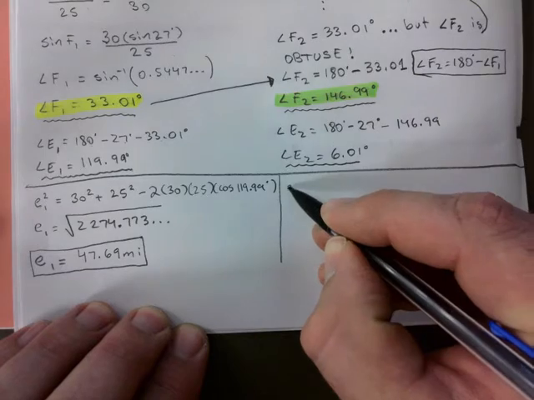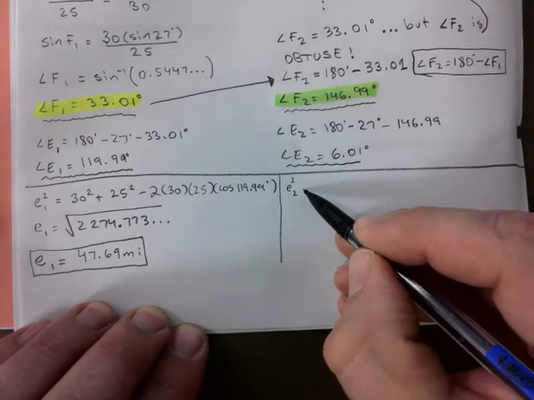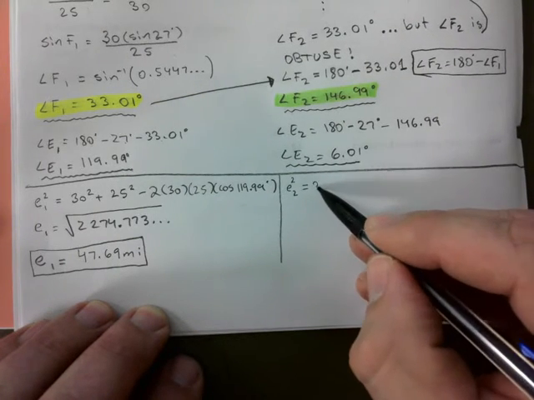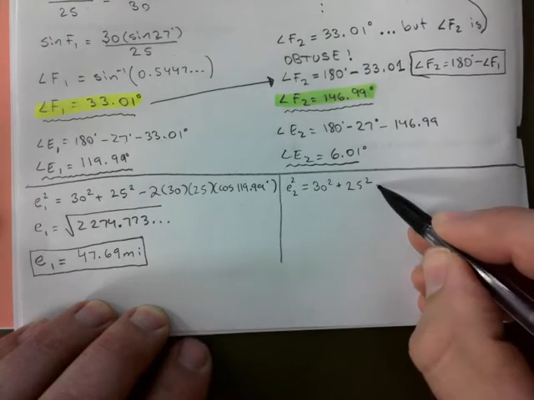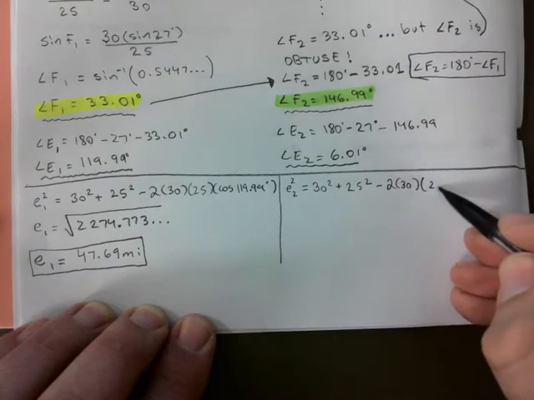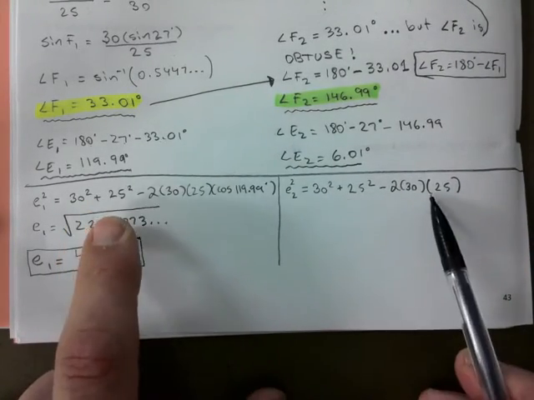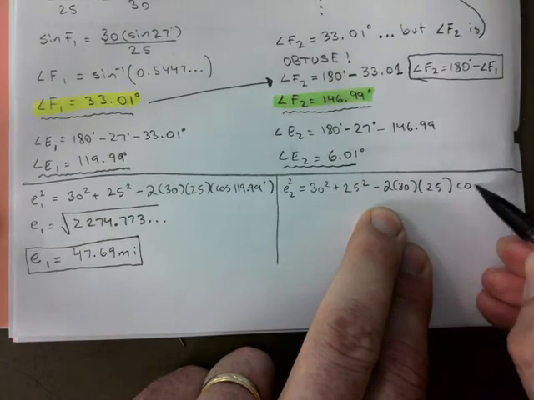So I'm going to go E2, right? E sub 2 squared. It's almost like a weird chemistry formula there. That's 30 squared plus 25 squared minus 2 times 30 times 25. So it looks identical. Look at that. They look identical at first, except for at the very end, the angle is different.